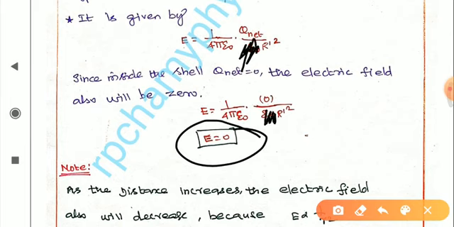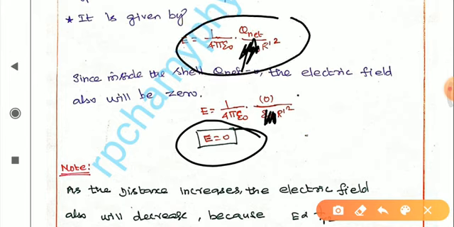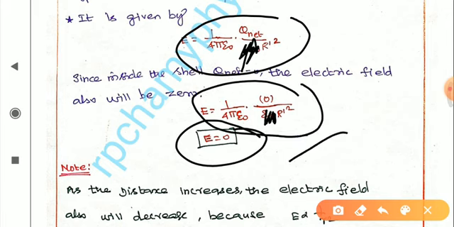So 1 by 4 pi epsilon naught into Q net by r dash square. Here 1 by 4 pi epsilon naught into 0 divided by r dash square. E net is equal to what? 0. Why? Because the net electric charge inside the sphere is equal to 0. The electric charges are only spread on the surface of the sphere. So we should remember that inside the spherical shell the net charge is equal to 0.